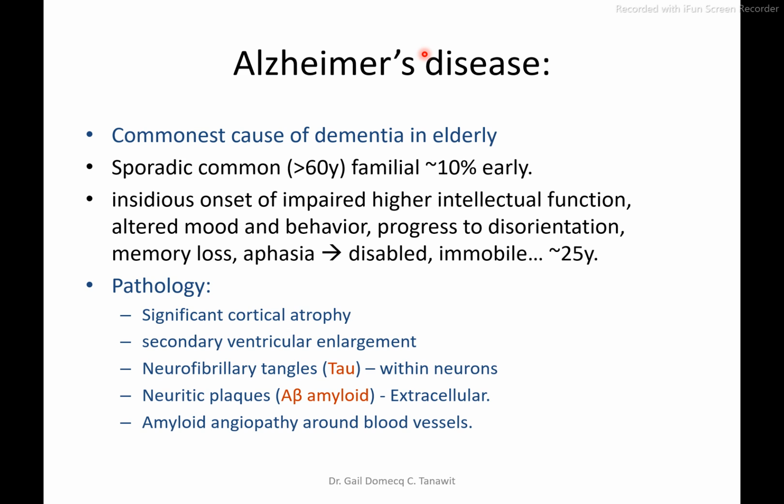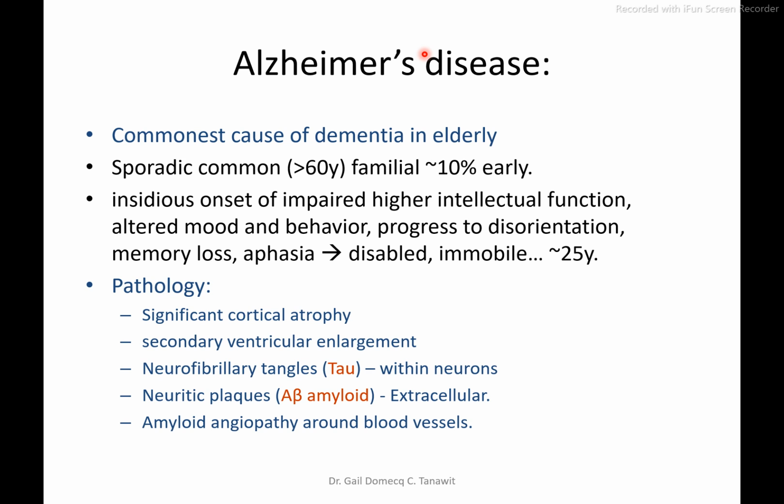There can be an insidious onset of impaired higher intellectual function, altered mood and behavioral manifestations. It can also progress to disorientation, memory loss, and even aphasia. And of course, to a more debilitating disablement and immobilization. The pathology lies within a significant cortical atrophy.